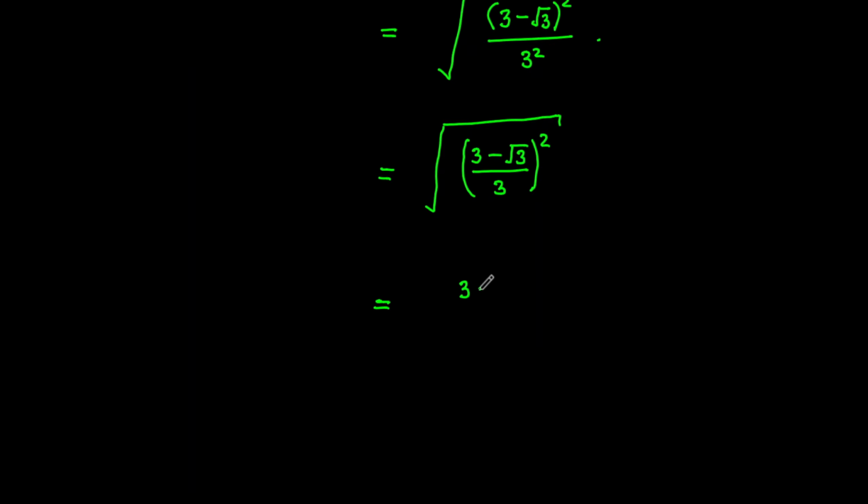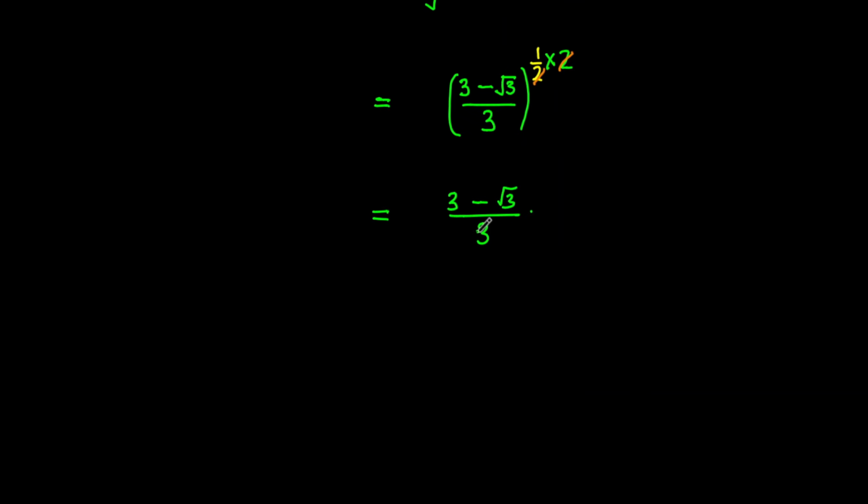our 3 minus under root of 3 over 3 inside this bracket can be a power of 1/2, and this 1/2 is multiplied by our 2 here, and quickly it will just vanish. Now this square has gone with our square root sign, and the only thing we had is 3 minus under root of 3 over 3.